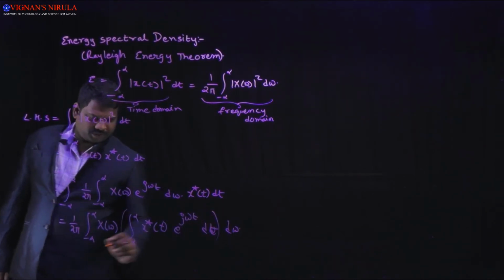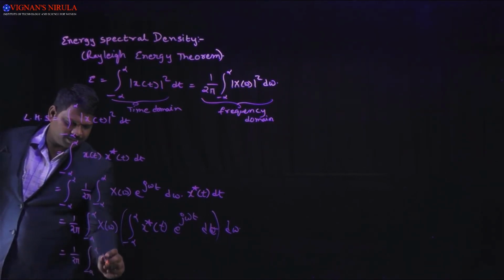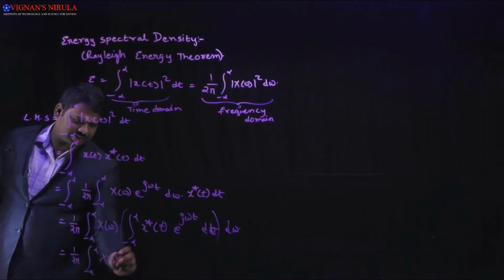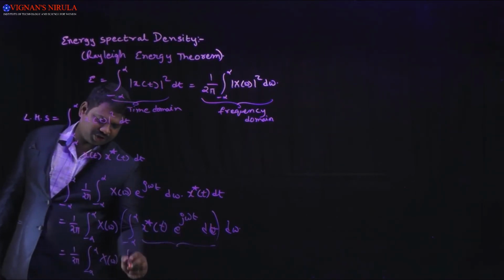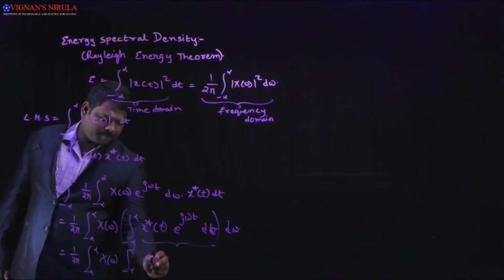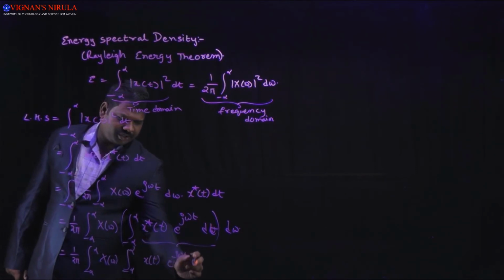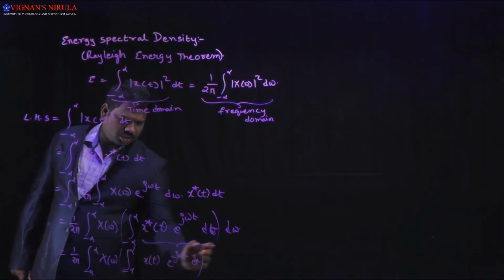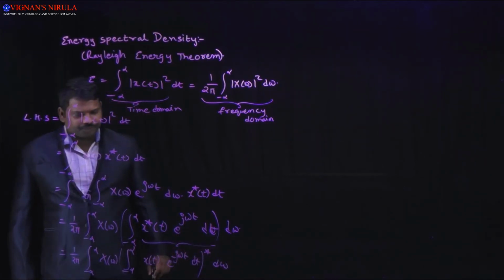Now, for this particular integration, take the complex conjugate, X of omega up to here the same. That's the integral from minus infinity to infinity of x of t e power minus j omega t dt, whole complex conjugate, d omega.